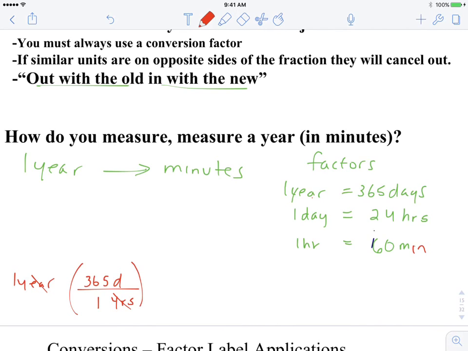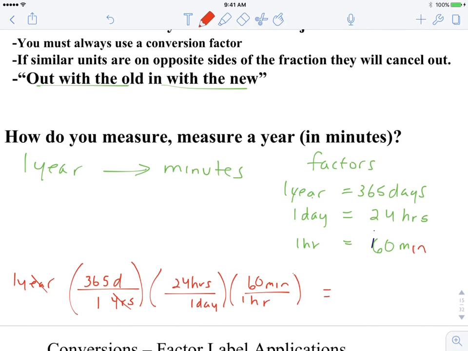If I then want to change days to hours, I know that for every 1 day, there are 24 hours. And I know that if I want to change hours to minutes, for every 1 hour, there are 60 minutes.